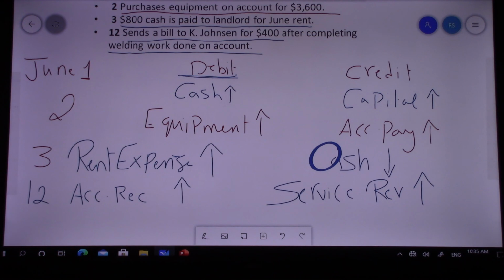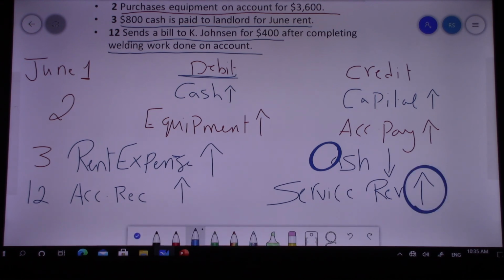But you should notice that owner's equity is very tricky, because we have 4 items that cause a change in owner's equity. So we should determine first, is it a revenue? Because revenue and owner's capital have the same effect. Revenue and owner's capital increase in the credit side, as you see here, and decrease in the debit side.